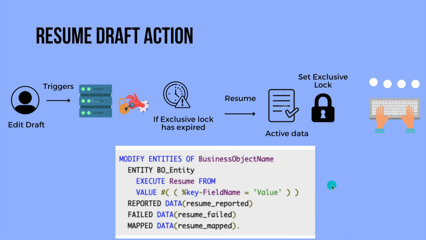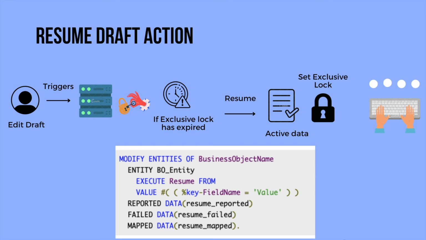So this is about draft runtime. We have seen what draft design time and draft runtime are. In the design time, you just have to define the draft related things in the behavior definition. That's it. In the runtime, I hope you have understood how each action works in the backend.